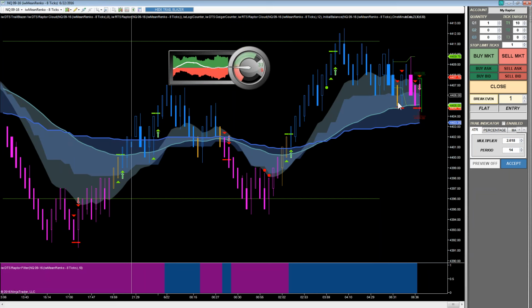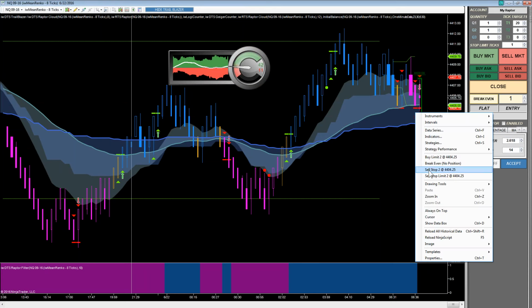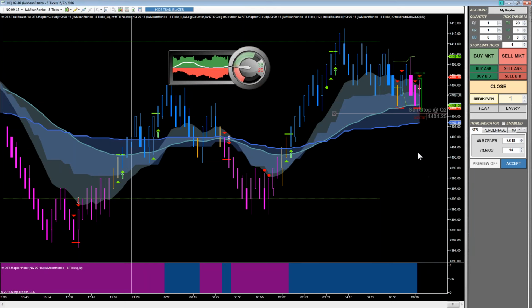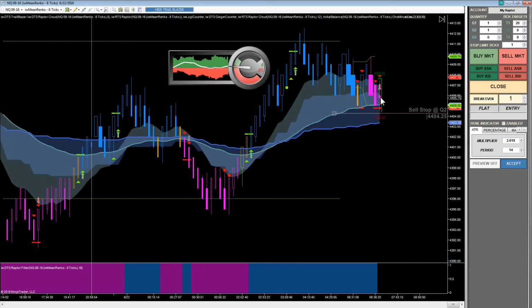I'm watching the Geiger counter here. I may throw a signal on there just to show you how these things work. Let's see if we can't get in there with a little bit. So what I've done is I've thrown an order in below the current low of this bar. The reason being the market has engaged the signal, but the buyers stepped in, all of a sudden started to buy the market up.